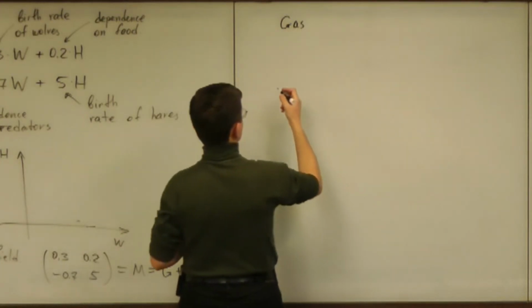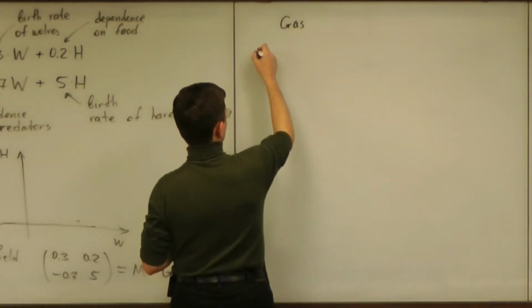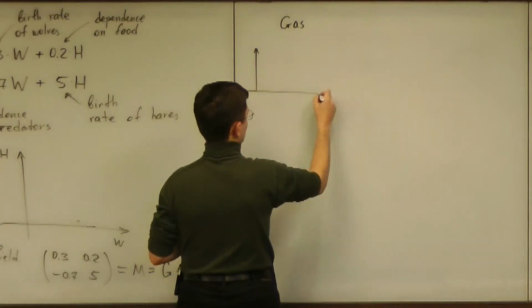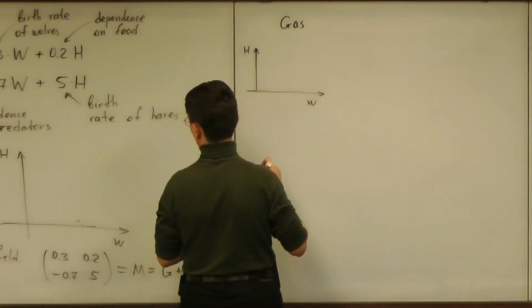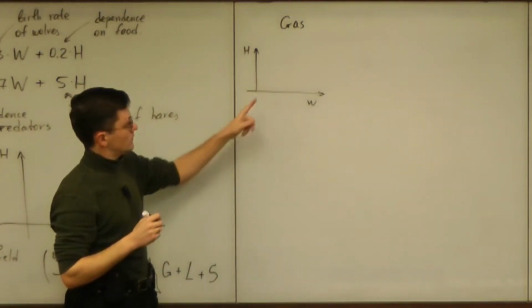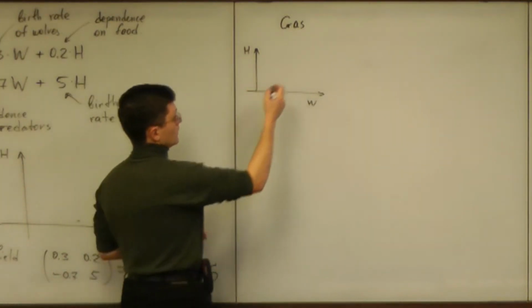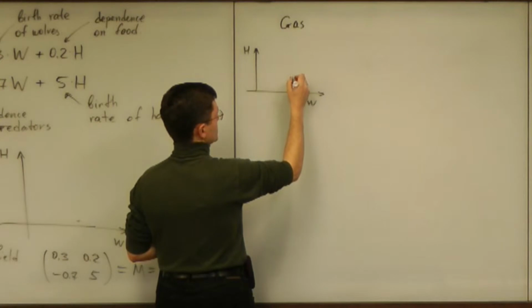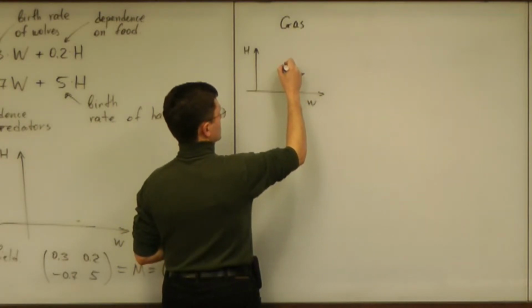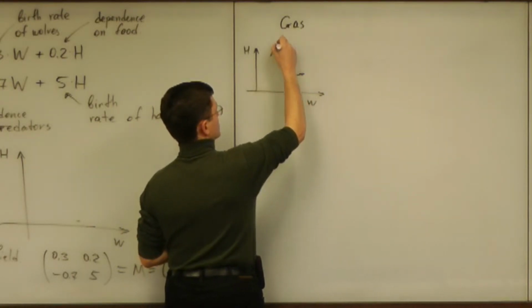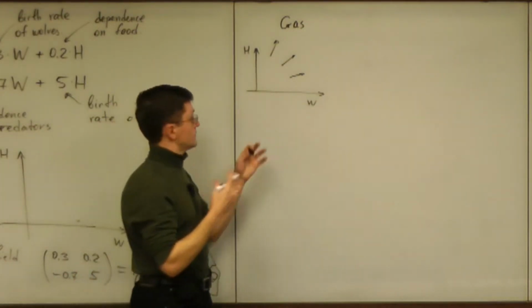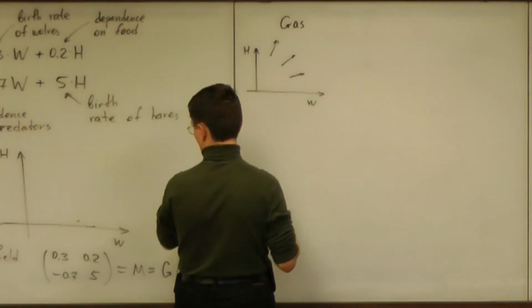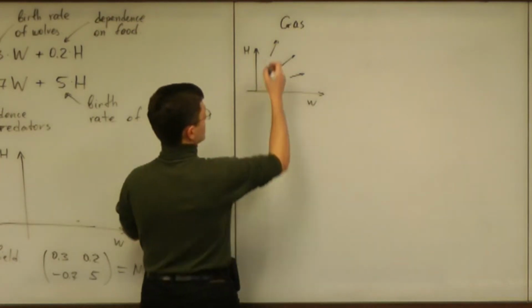And gas means that what we will see in this plane with population W and H, it will be either expansion from the origin or shrinking, and that depends only on one number, on that coefficient lambda.